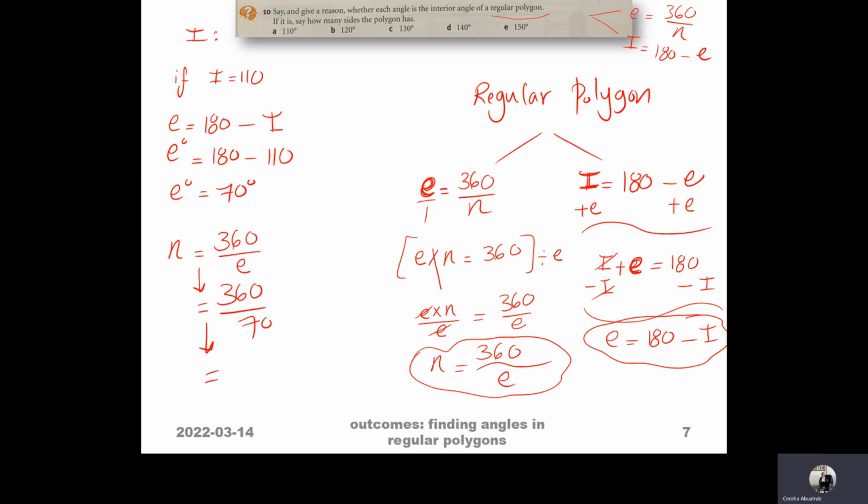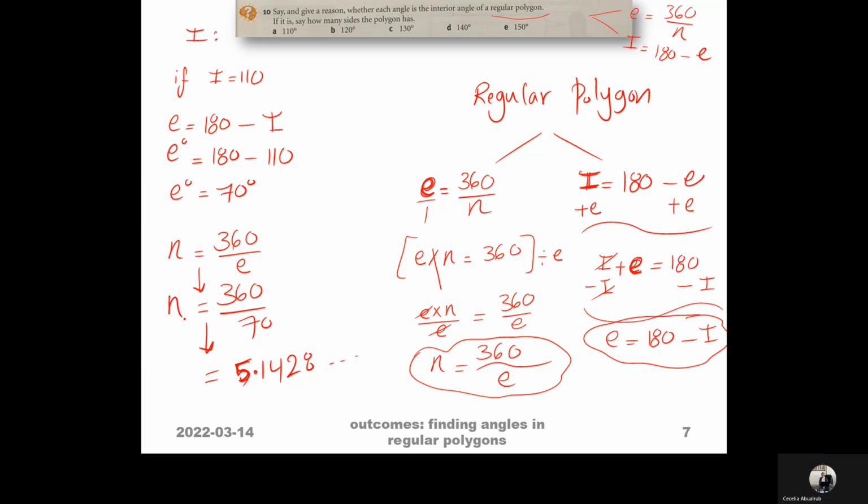So N is equal to 5.1428, and so on. So this is not a regular polygon because the number of sides cannot be a decimal number. It has to be a whole number.